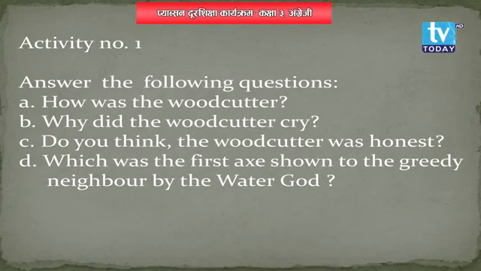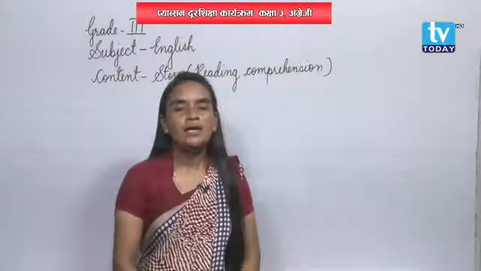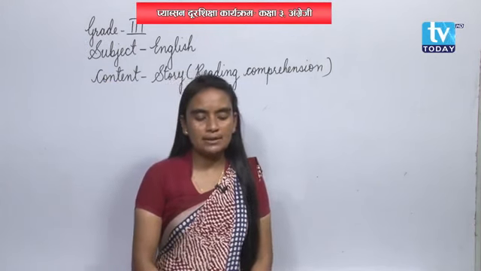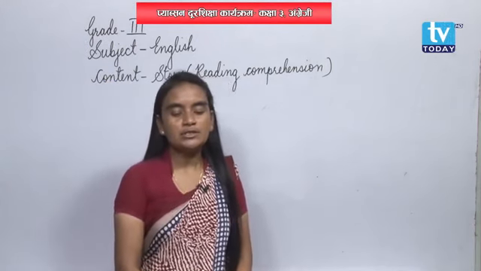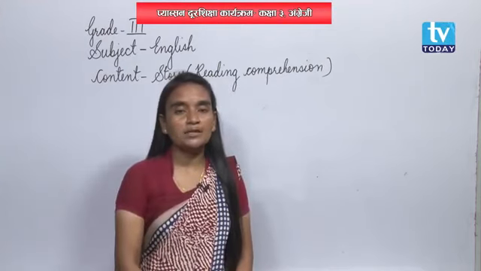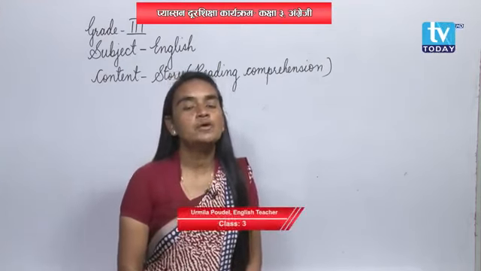It's the same: the gold axe was shown to the woodcutter, and even to the neighbor the gold axe was shown. So dear children, you can write the answer there: the first axe shown to the greedy neighbor by the water god was of gold.